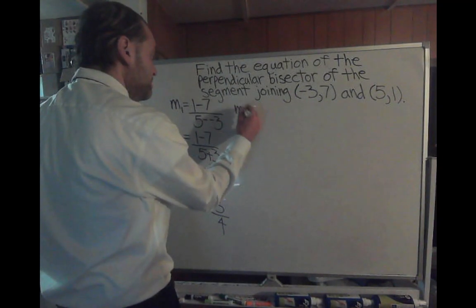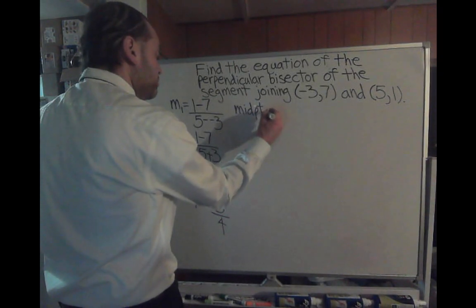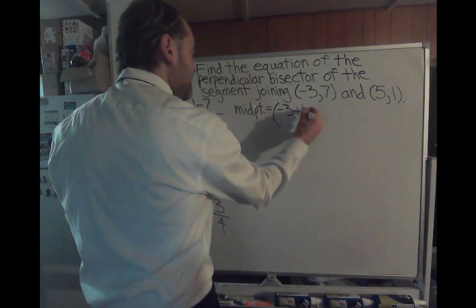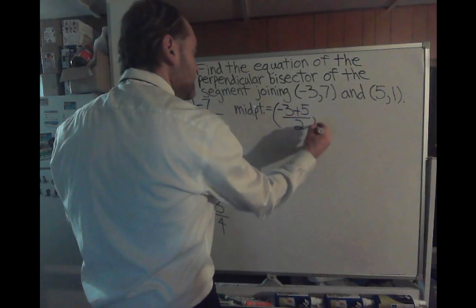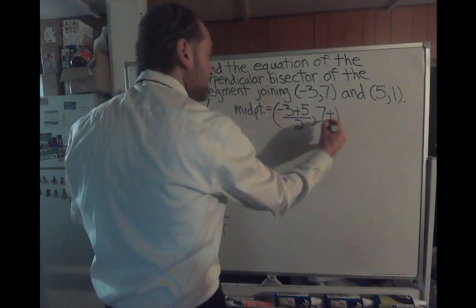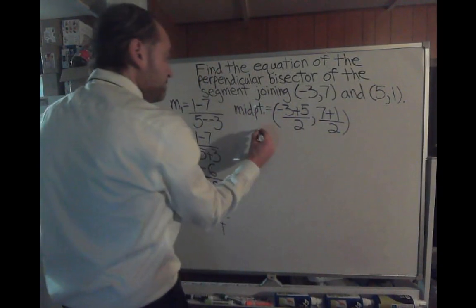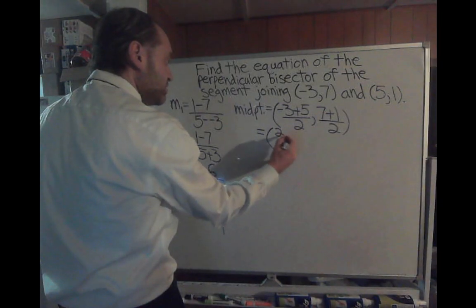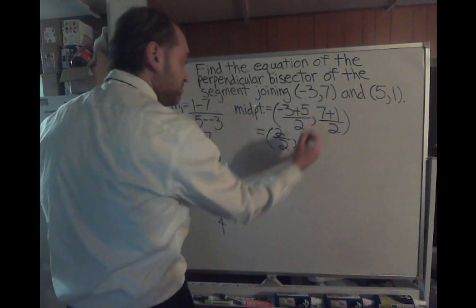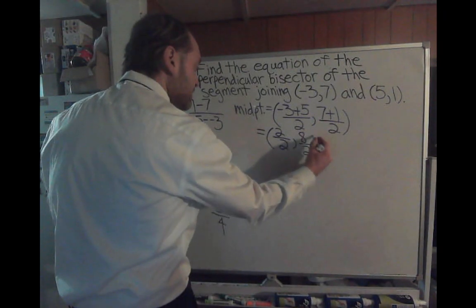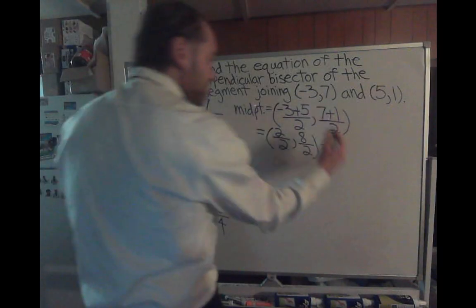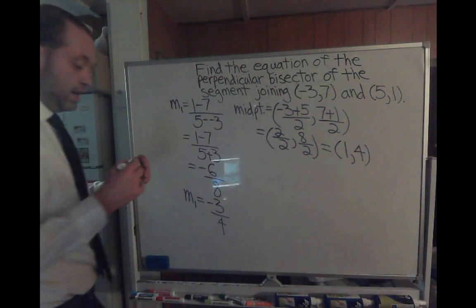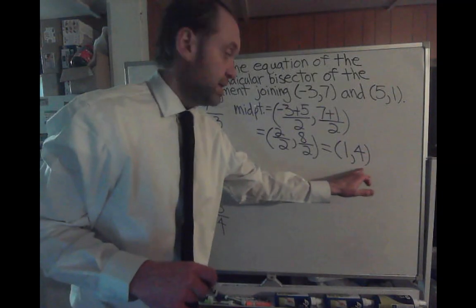The midpoint would equal your first x coordinate of negative 3 plus 5 divided by 2, and then 7 plus 1 divided by 2. Negative 3 plus 5 is positive 2 over 2, and then 7 plus 1 is 8 over 2. So the midpoint of this segment would be 1, 4. And that would be where the perpendicular bisector meets that segment, at the point 1, 4.